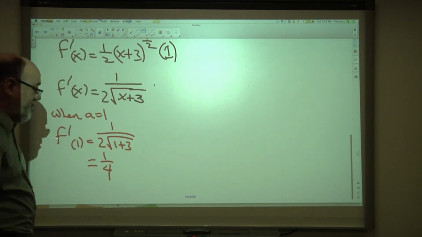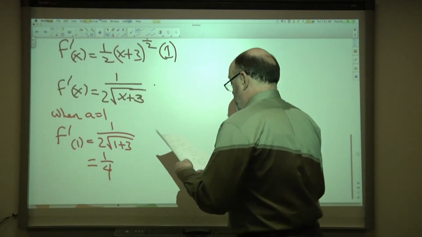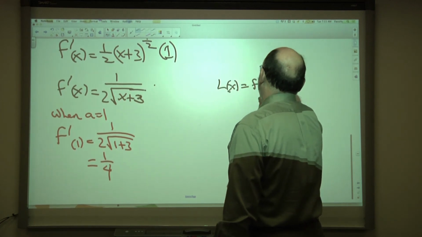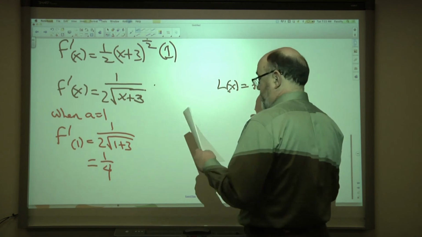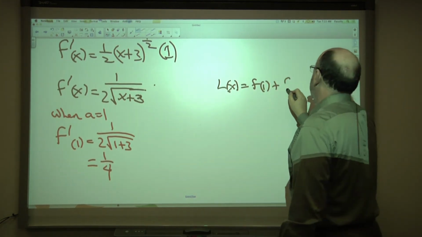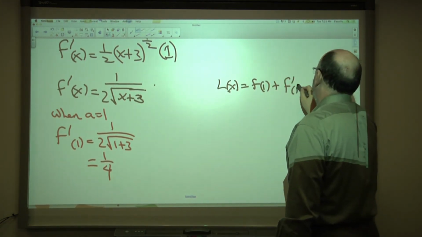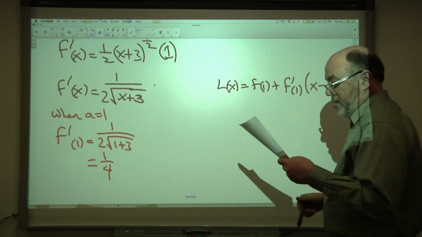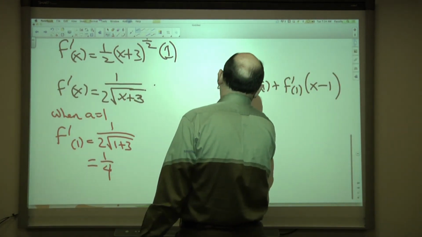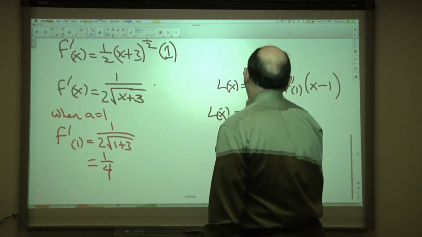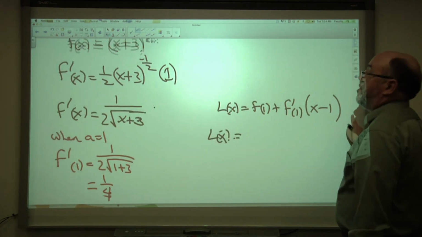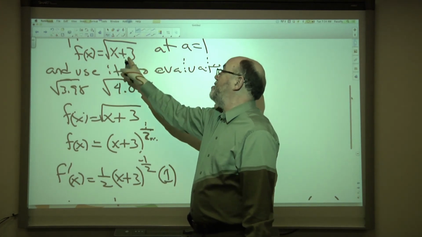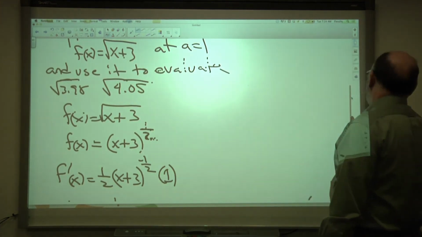So now let's find our linear approximation. So L of x is going to equal f of 1 plus the derivative at 1 times x minus 1. So L of x, well, the f of 1, if I take my original equation and plug in 1, 1 plus 3 is 4, and the square root of 4 is 2.